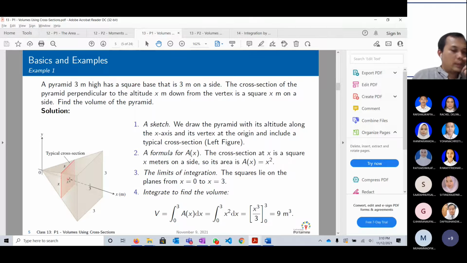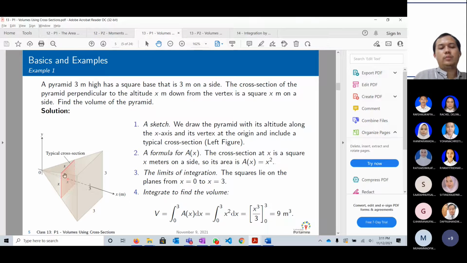Then in this case the formula for the area is A(x) equal to x squared.